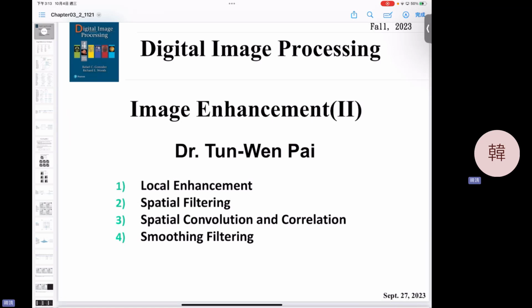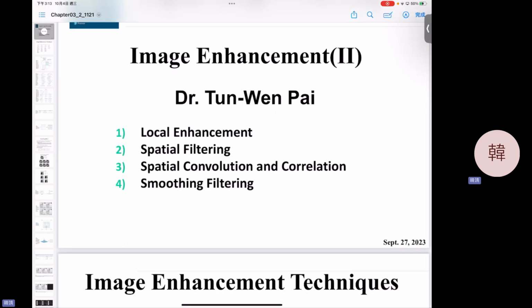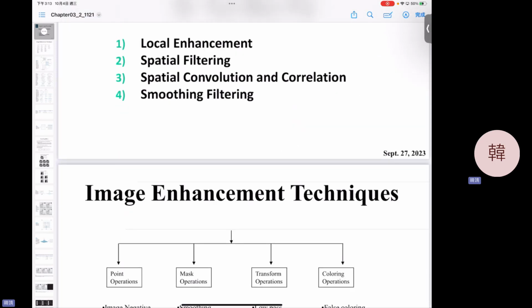So it's a very standard automatic enhancement technique. But today we are going to apply some different approach for enhancement.